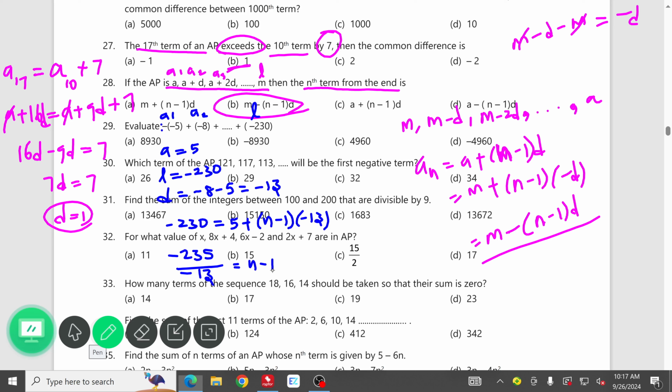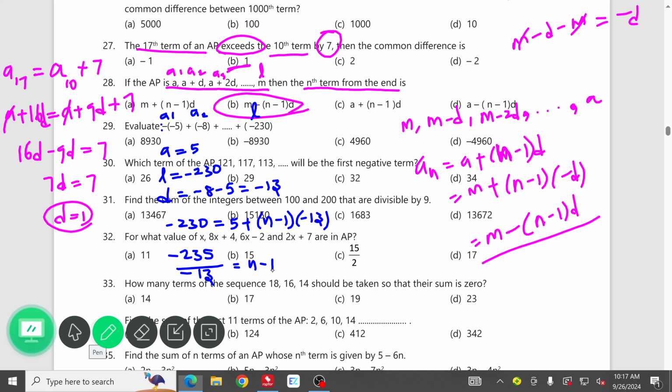Minus 5. Then A value what? Minus 5. Don't take plus value. What is the L value? Minus 230. Then what is the D value? Minus 8. Minus into minus plus 5 equals minus 3. Now it will come short. So minus 230 equals minus 5 plus N minus 1 into D value minus 3.